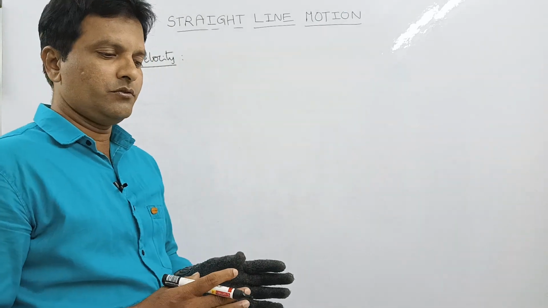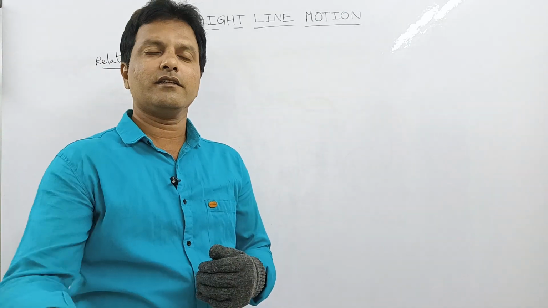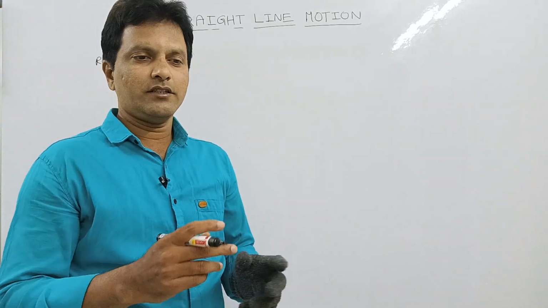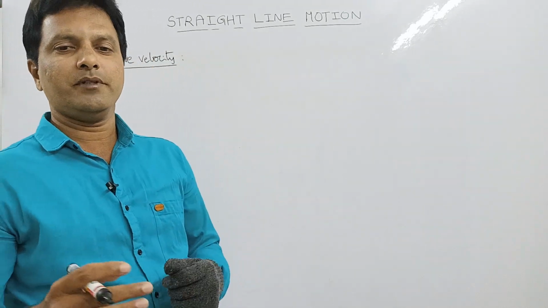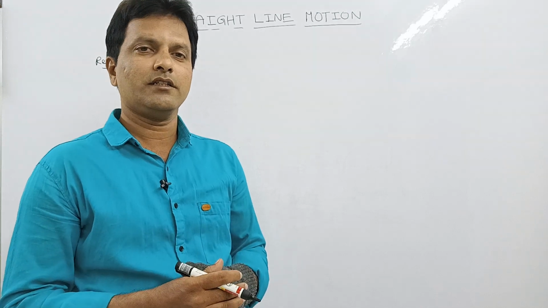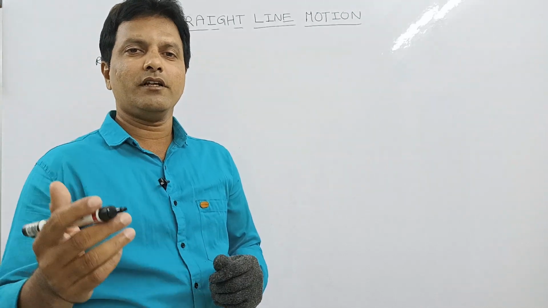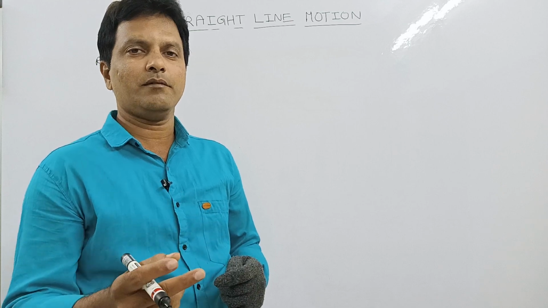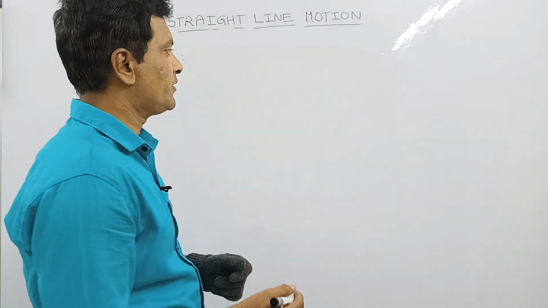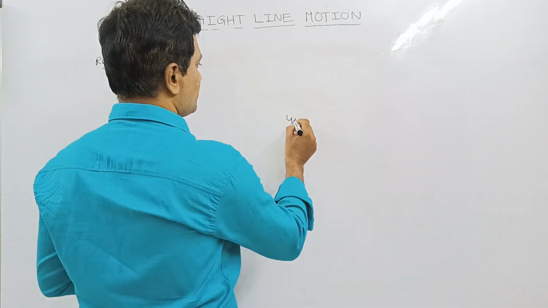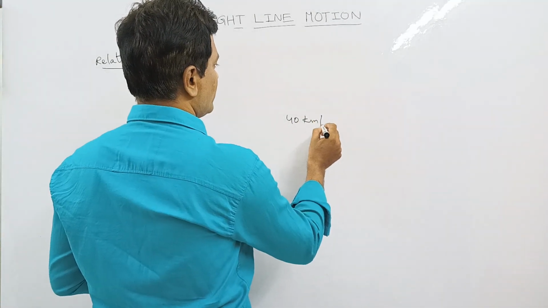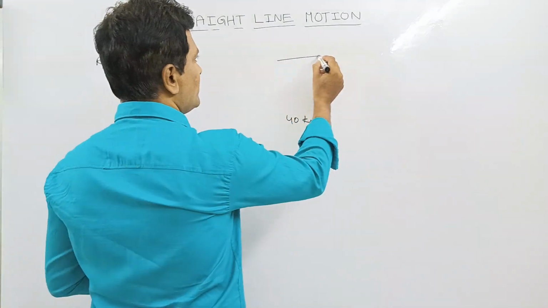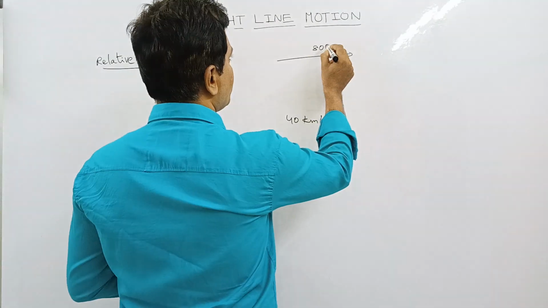Comparing my car and the car besides me, which is moving with higher speed, the relative velocity between these two cars is the higher velocity minus the lower velocity. That is, 120 minus 80, that is 40 kilometers per hour is the relative velocity, not actual velocity. See, my car is moving at 80 kilometers per hour.